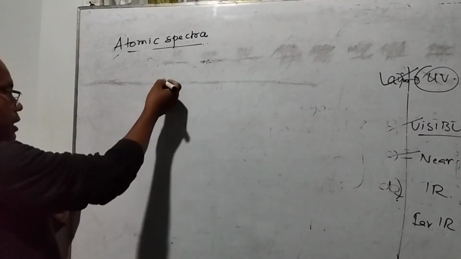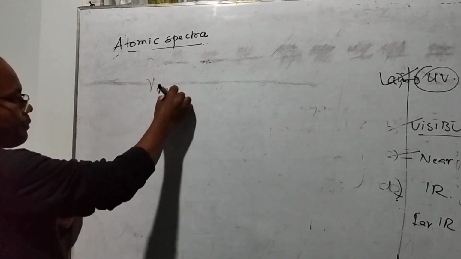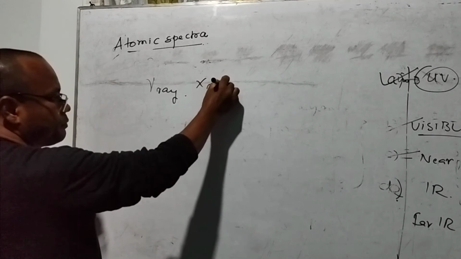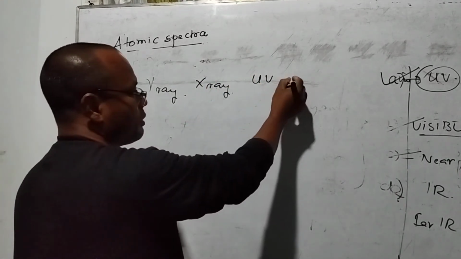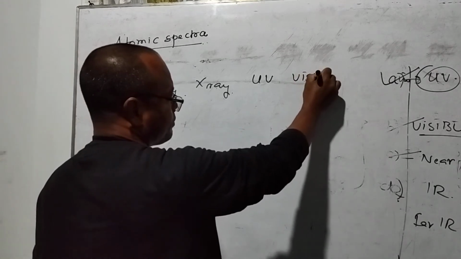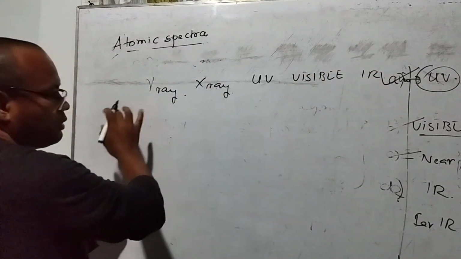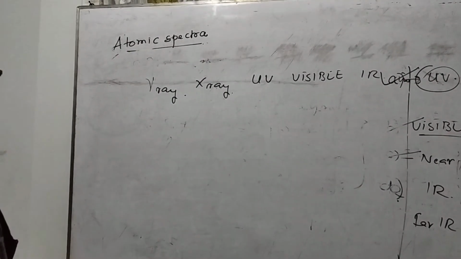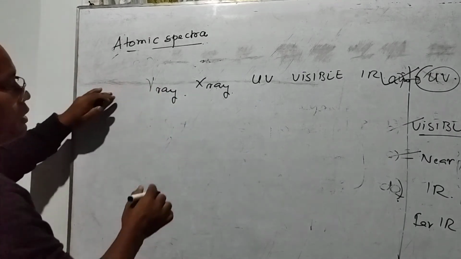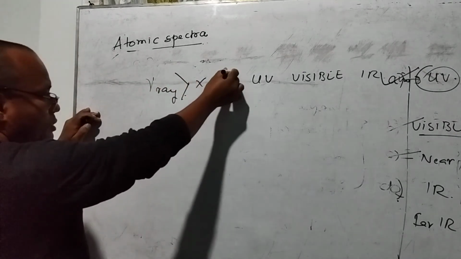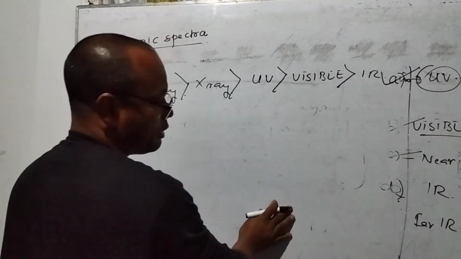Gamma ray, then X-ray, UV, visible, IR. These are very common radiations. Comparing their frequency, gamma ray is the highest frequency, then the X-ray, then the UV, then the visible, and then the IR, right?